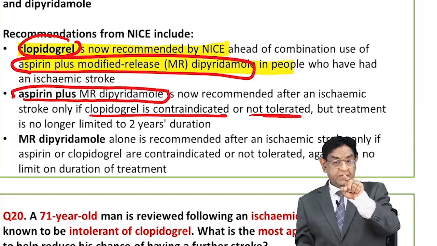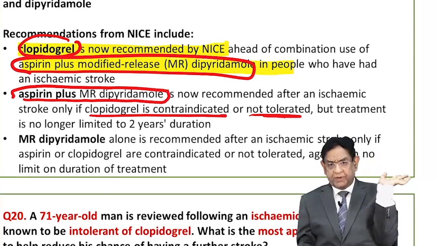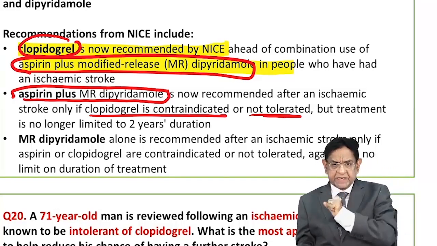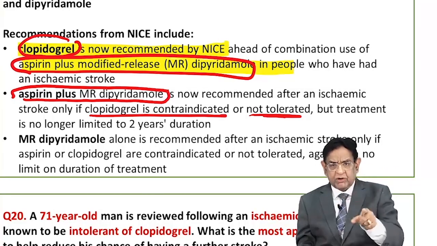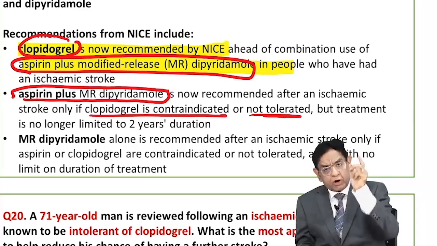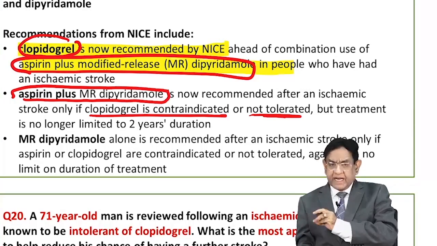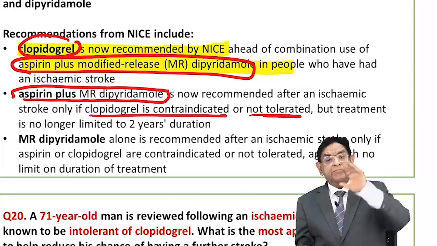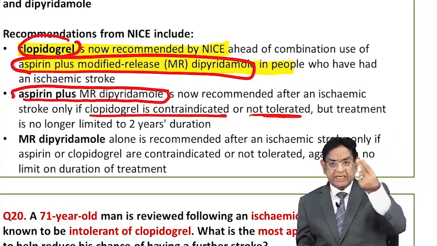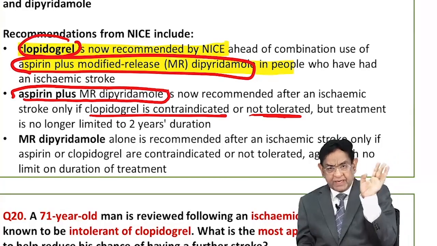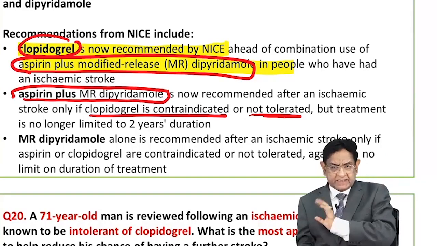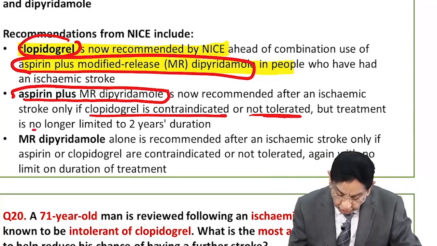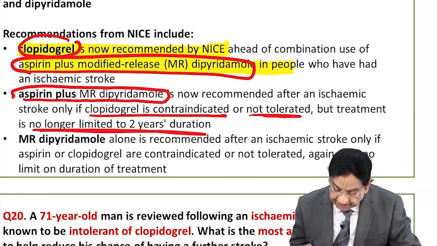Note it: first thing is clopidogrel. If not, due to any reason, contraindication there, patient is allergic, not tolerant, then you give a combination of aspirin and dipyridamole. Previous guidelines said give dipyridamole for 2 years, but now the latest NICE guidelines say you can give lifelong, so it is no longer limited to a 2-year duration.